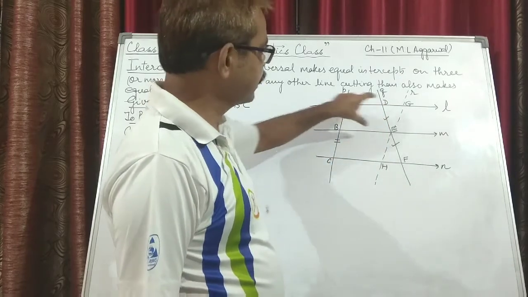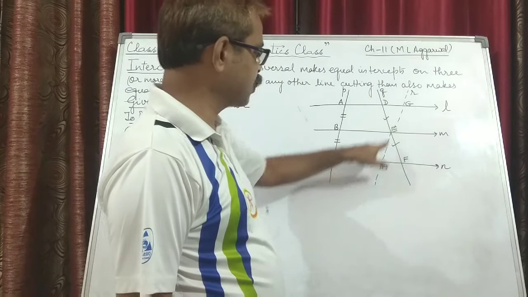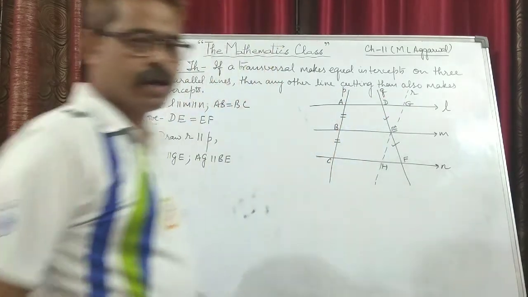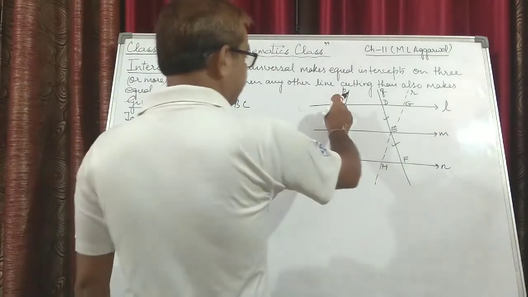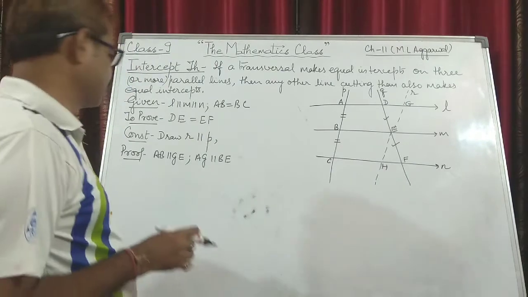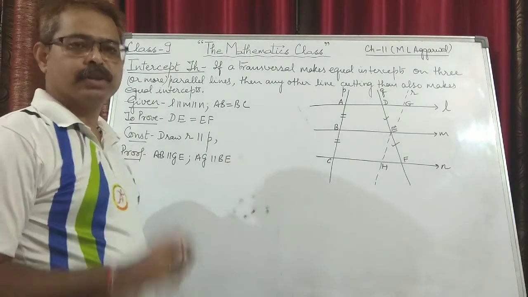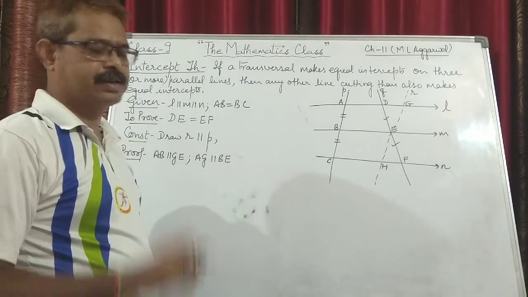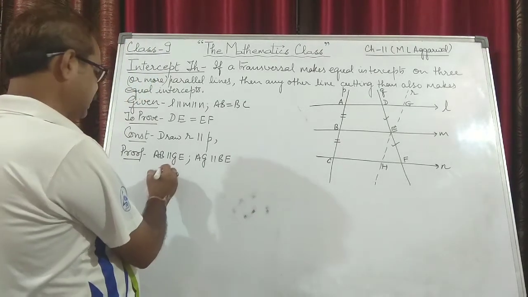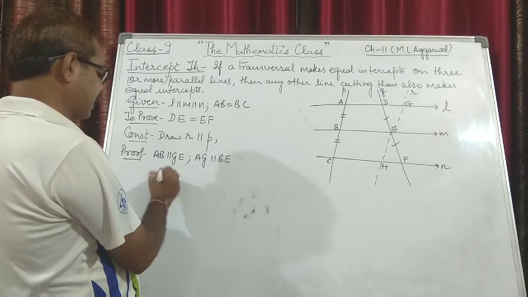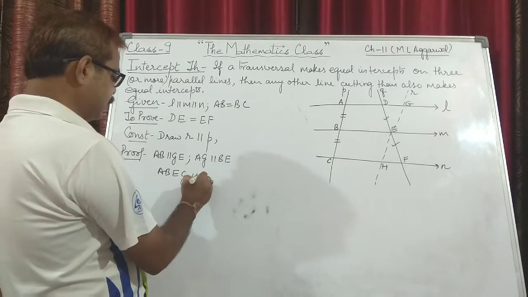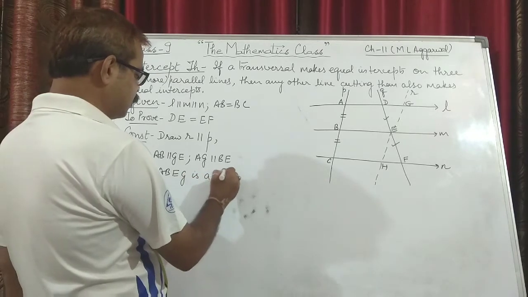And AB is parallel to GE because we have drawn a line parallel to P, so obviously they are parallel. Now this becomes a quadrilateral ABEG, and in a quadrilateral, if both the pair of opposite sides is parallel, then it becomes a parallelogram. So we can say that ABEG is a parallelogram.